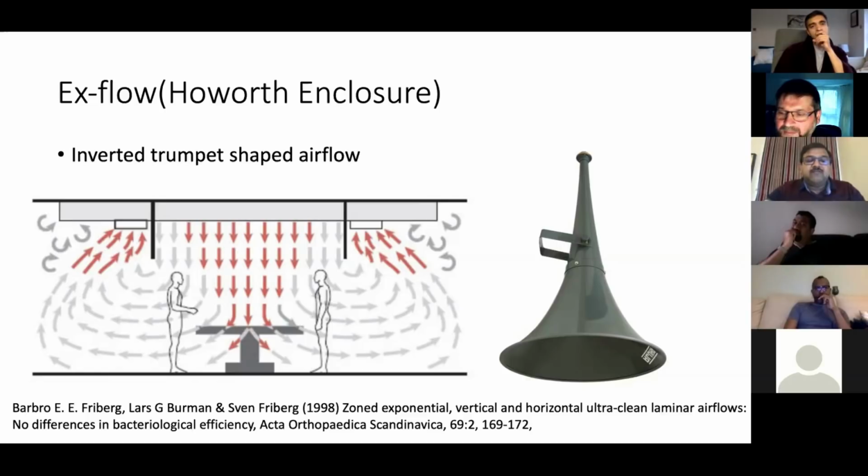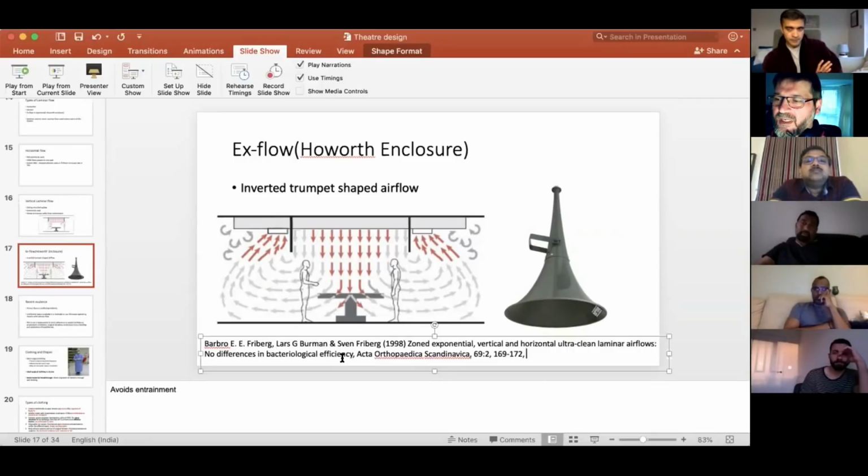Second, when we operate on a patient, we don't operate standing upright like a statue, but we tend to bend over the patient a little. Our head with the hood on causes turbulence in the air.